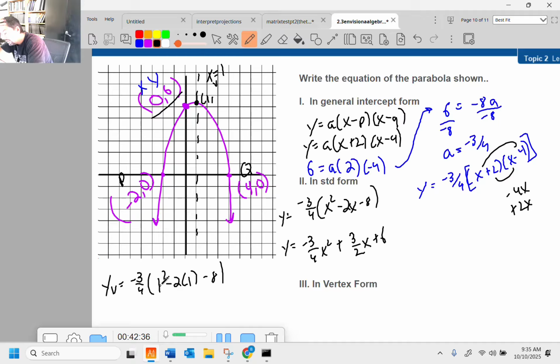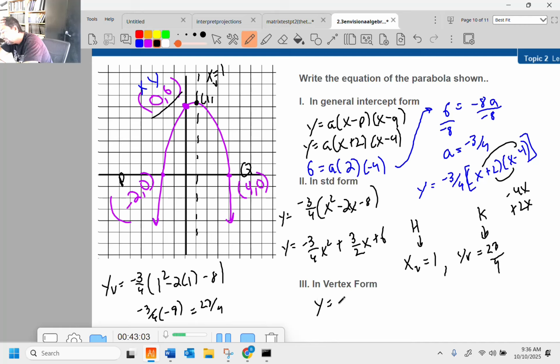Let's see here. Inside I have 1 minus 2, which is negative 1. It's negative 3/4 of 9. Negative 9 at that. So that's going to be negative 3 times negative 9, 27 over 4. So let's talk about what I just talked about. The x-coordinate of the vertex was 1. The y-coordinate of the vertex was 27/4. This is h. This is k.